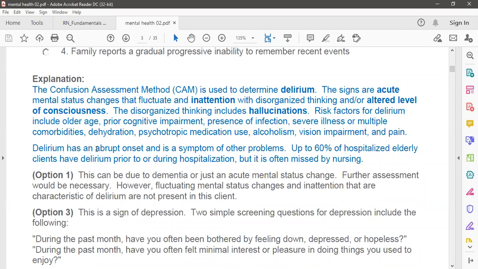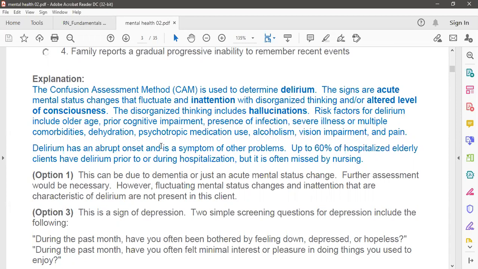Delirium has an abrupt, rapid onset, but dementia has a gradual onset. This is the difference between delirium and dementia.